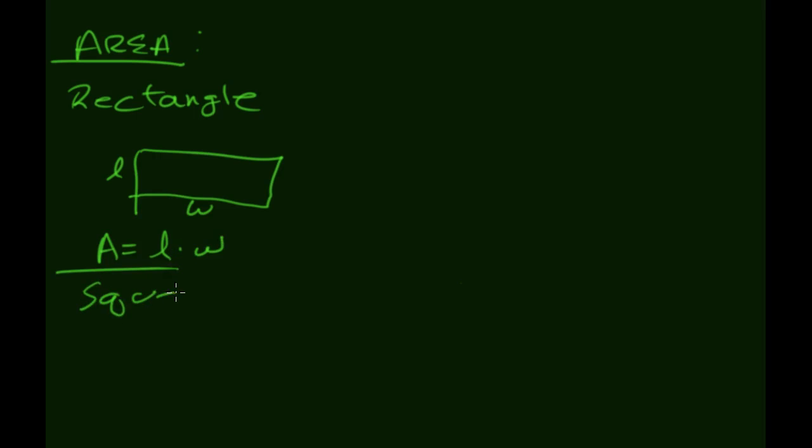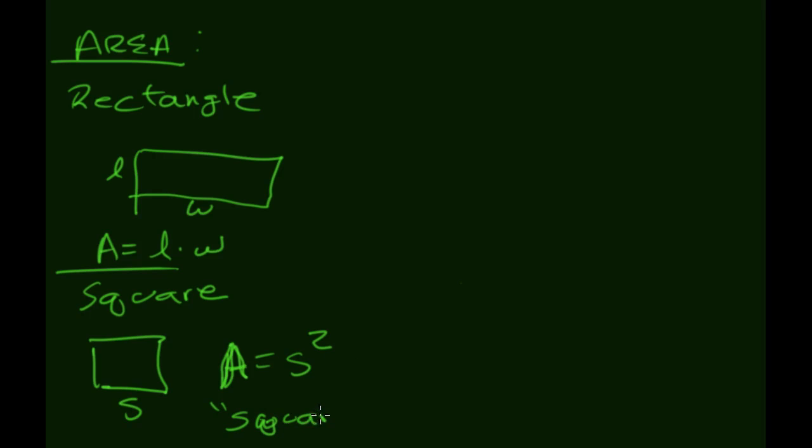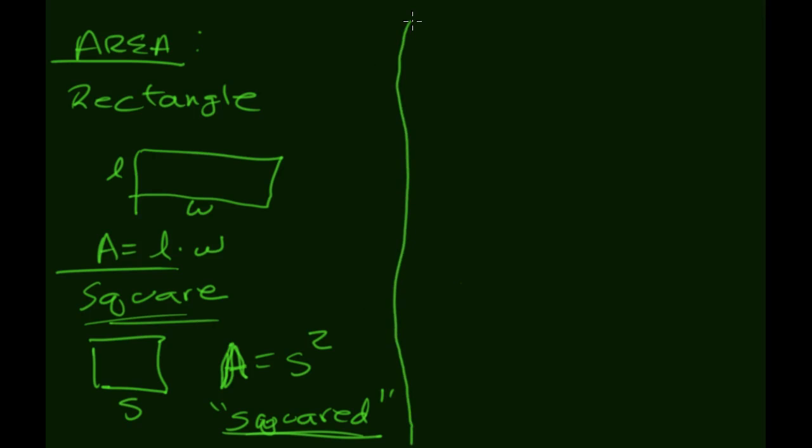If I have a square, again, the square only has 1 dimension. So we can just say that the area is s squared. Aha! So this word squared has something to do with the fact that it is a square. Later on we'll see the relationship between volume, cubes, and cubed.